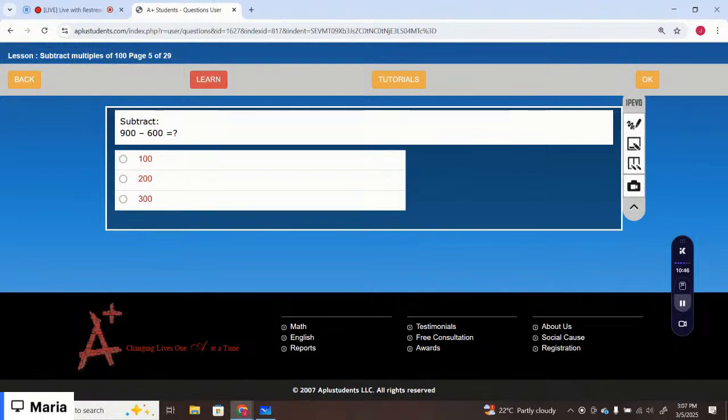900 take away 600, which is the correct one? 900 minus 600 equals 300. Option number 3 is the correct option.